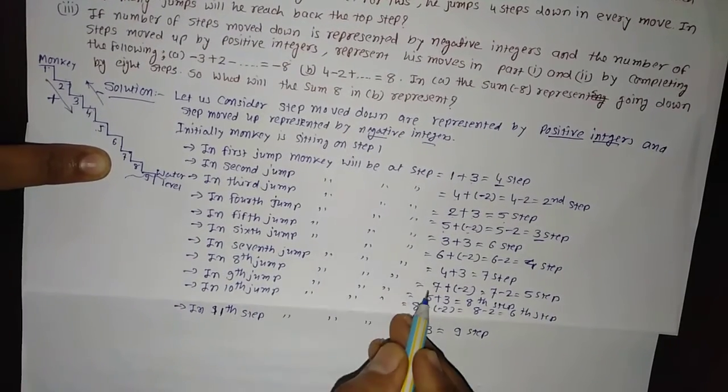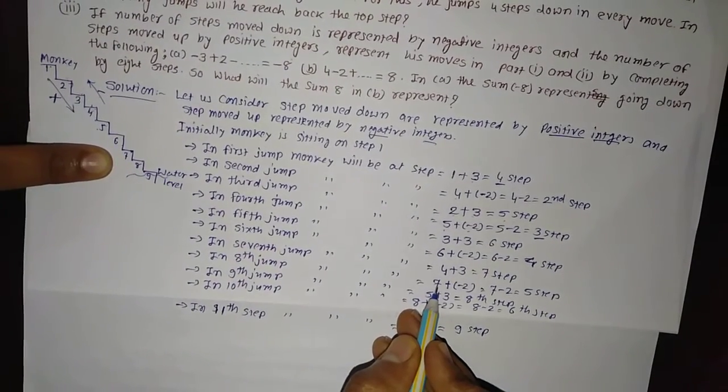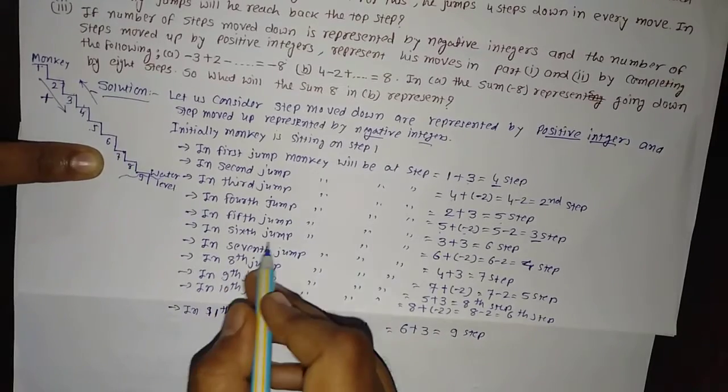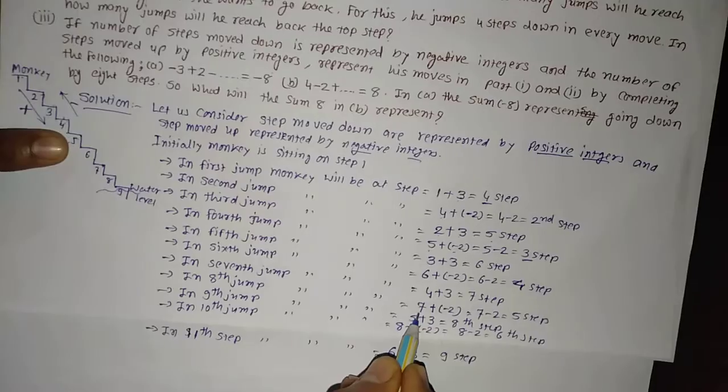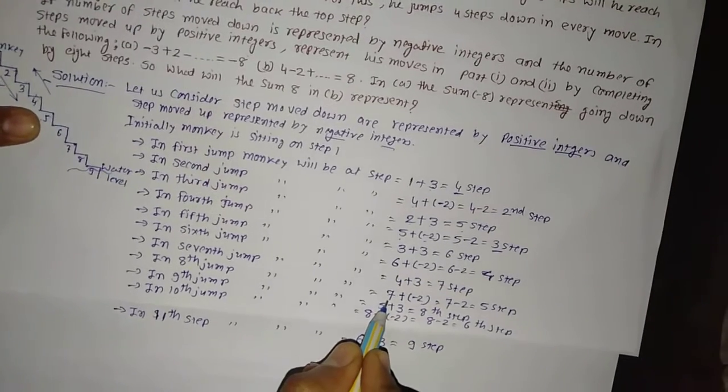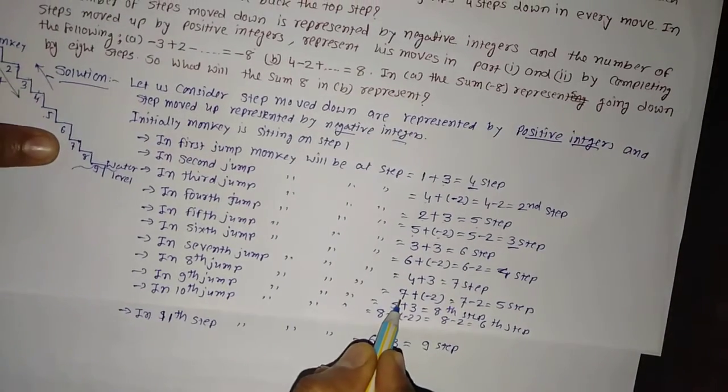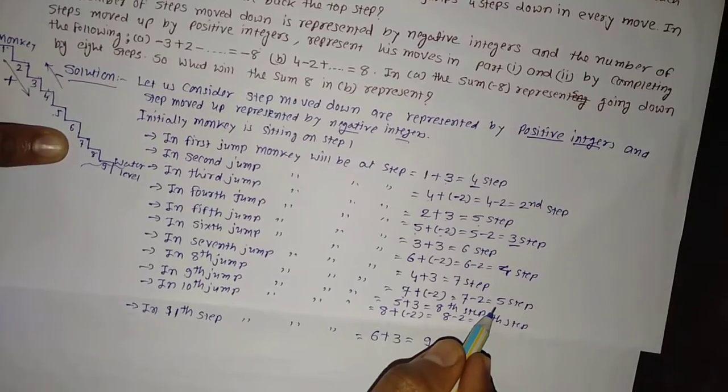In the 8th jump, that is, he was on the 7th step, or I can say the 4th step he was, then he will jump to 7. But at the 8th step, 2 steps come back. So 7 minus 2 is equal to 5.